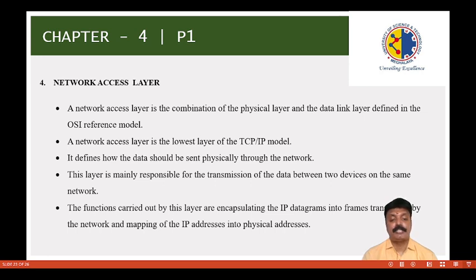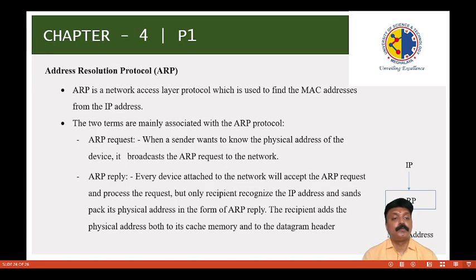The main responsibility is the transmission of data between two devices on the same network. The functions carried out by this layer are encapsulating the IP datagrams into frames transmitted by the network, and mapping of IP addresses into physical addresses.